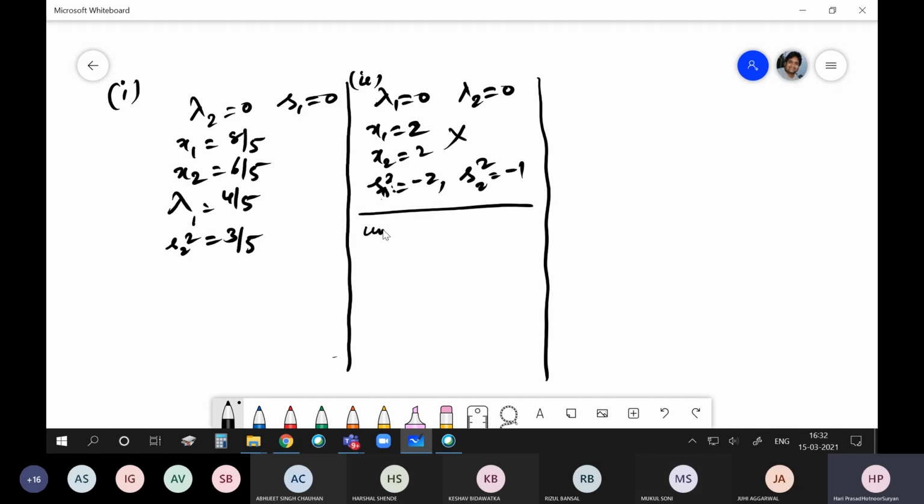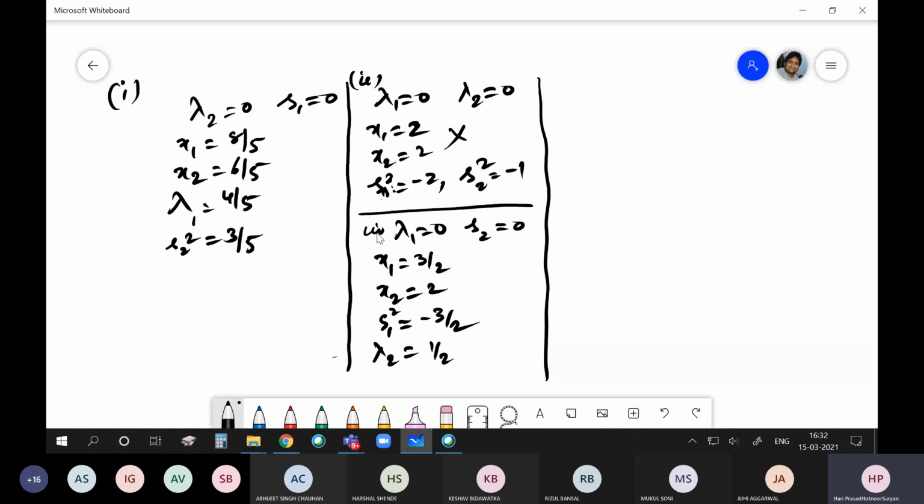The third is when I take lambda 1 equals 0 and s2 equals 0. When you solve this, we get x1 equal to 3 by 2, x2 equal to 2, s1 square equal to minus 3 by 2, and lambda 2 equal to 1 by 2.